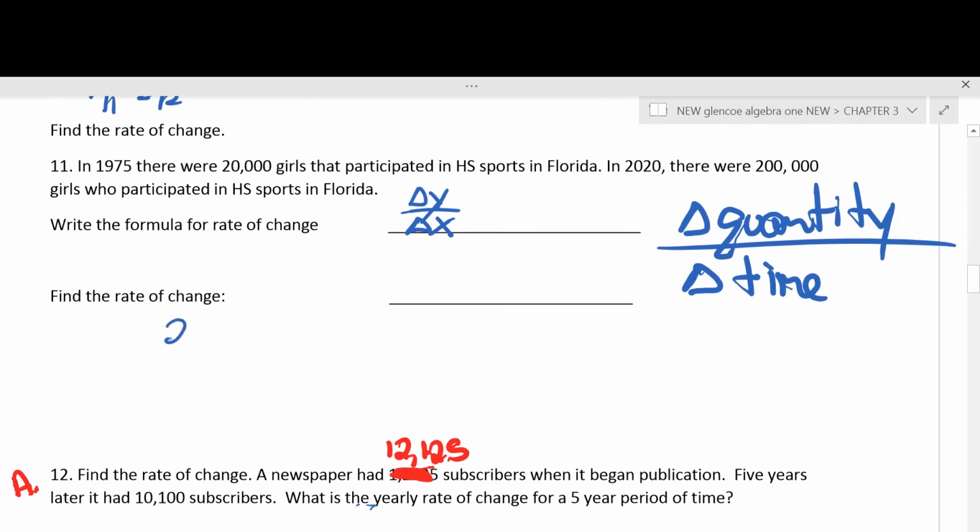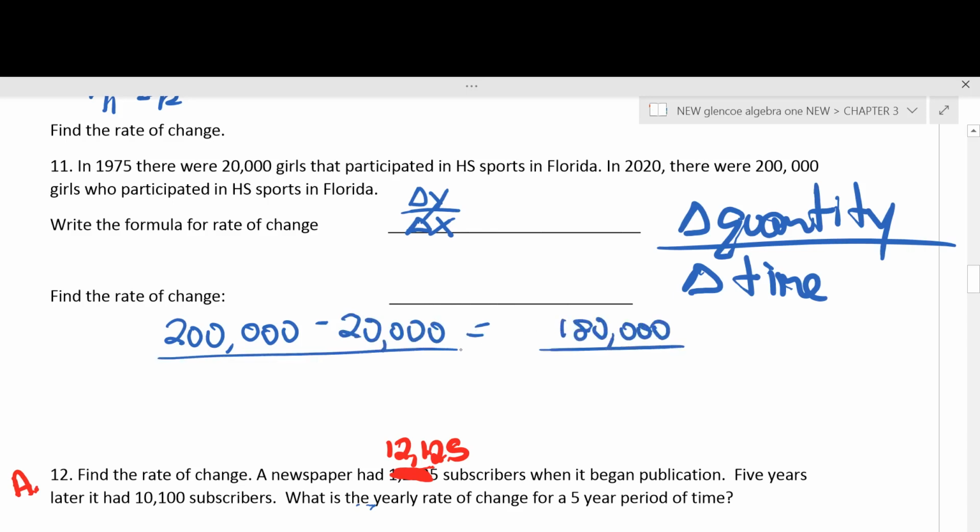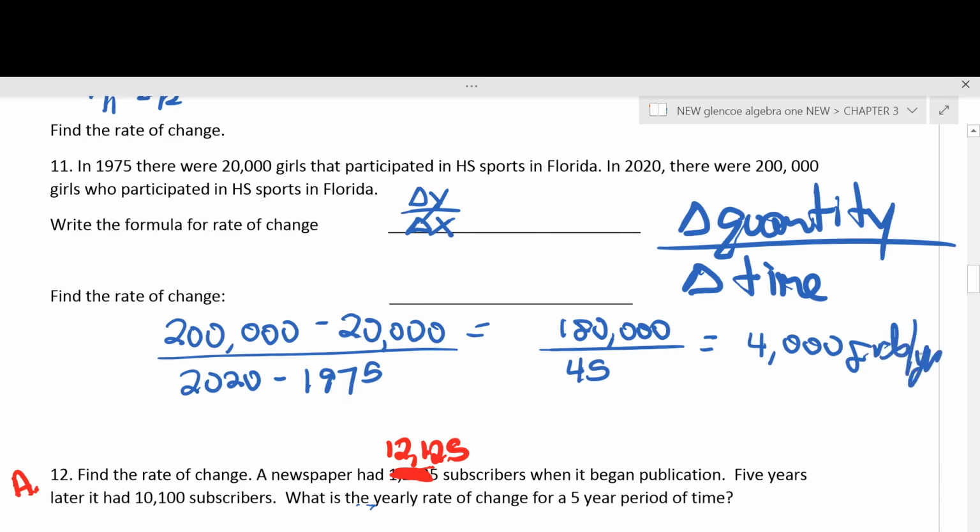The rate of change is the difference in the number of girls who played sports, which would be 200,000 minus 20,000, which is 180,000, divided by the difference in the years, which would be 2020 minus 1975, which is 45 years, which gives me a difference of 4,000 girls per year.